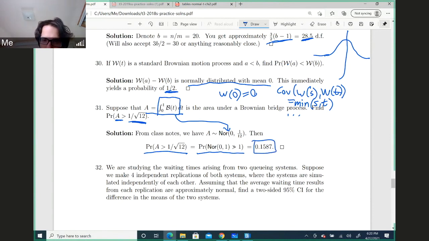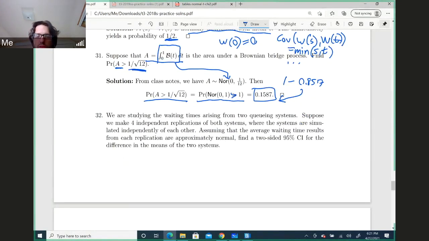Notice that in this case we have a greater than 1, so that's why we find the value for 1 in the table, which is like 0.8517 or whatever, I forget. And then we take 1 minus that to get this answer, because it's greater than here.